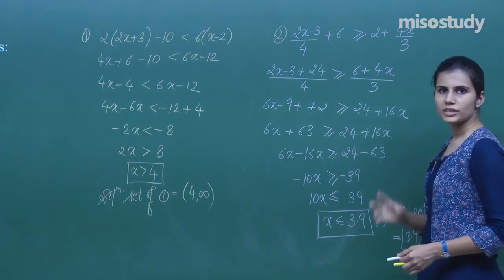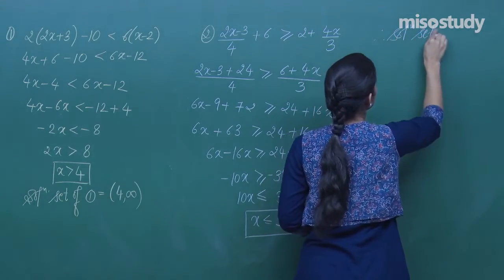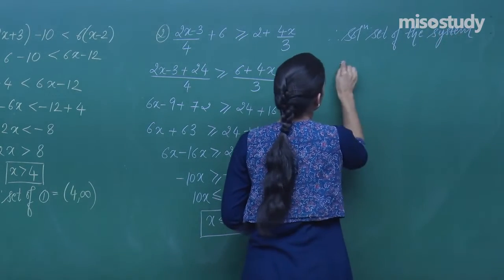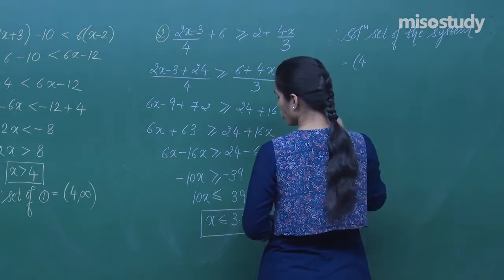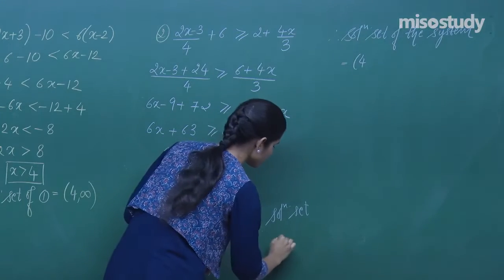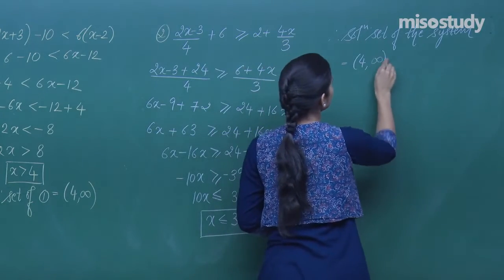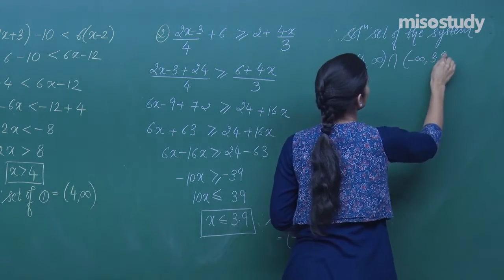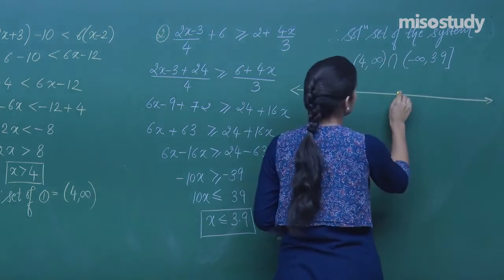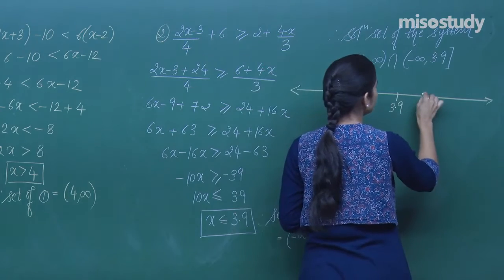If I have the solution set of both the given inequalities and I want the solution set of the system, I am only supposed to take the intersection of both the solution sets. The solution set of the system: one is (4, infinity), the other is x less than or equal to 3.9, that means minus infinity to 3.9. Just try and see what the intersection comes out to be. Say this is 3.9 and after it is 4. One is 4 comma infinity, 4 not included.